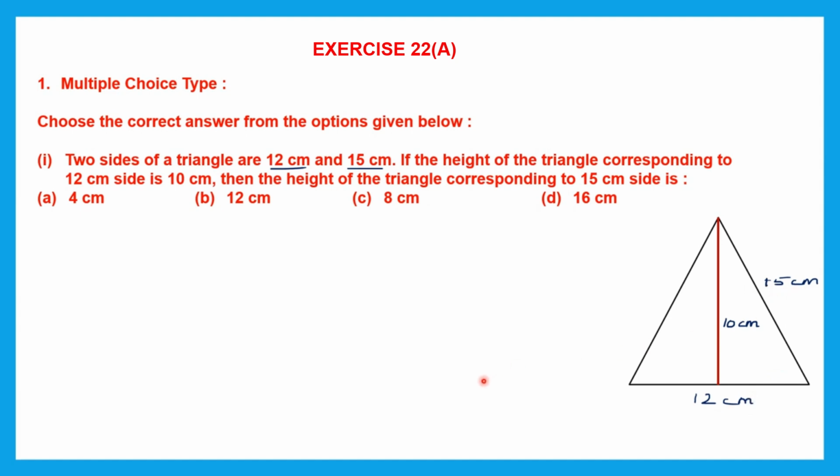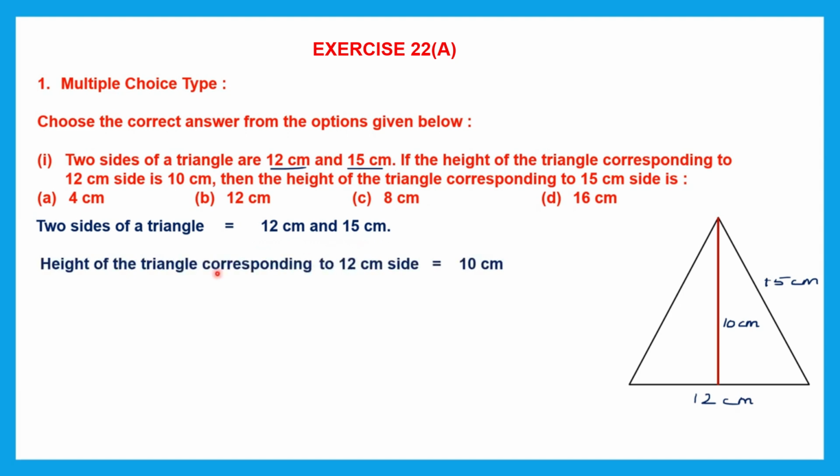So the first thing we need to do is find the area of the triangle. For this triangle, we're going to use this as the base and this as the height. So the two sides of the triangle given to us are 12 centimeters and 15 centimeters. The height of the triangle corresponding to the 12 centimeter side is also given to us as 10 centimeters.